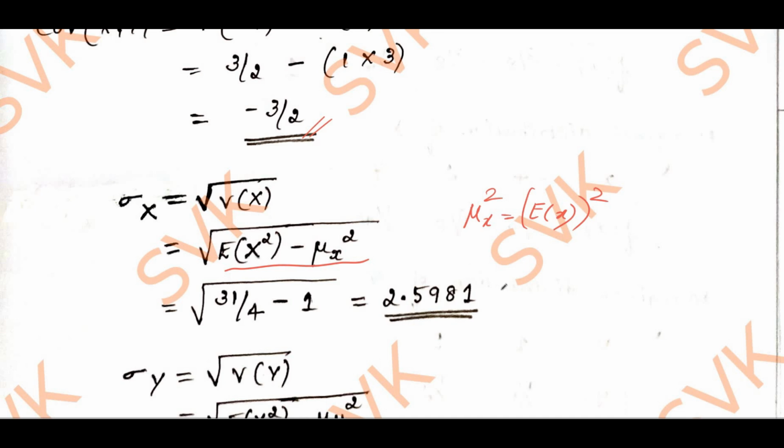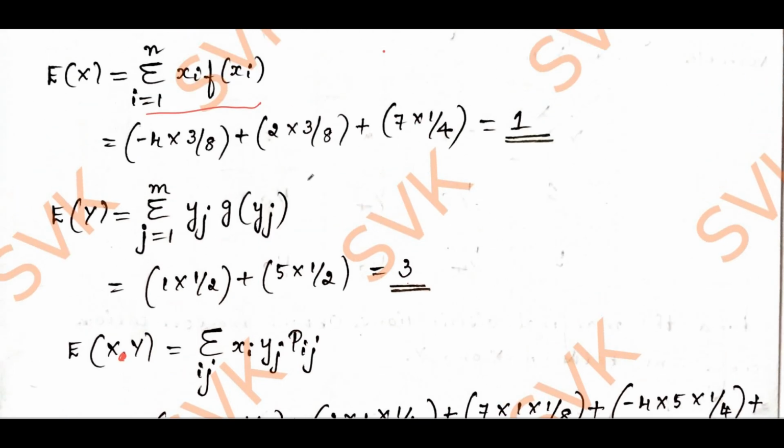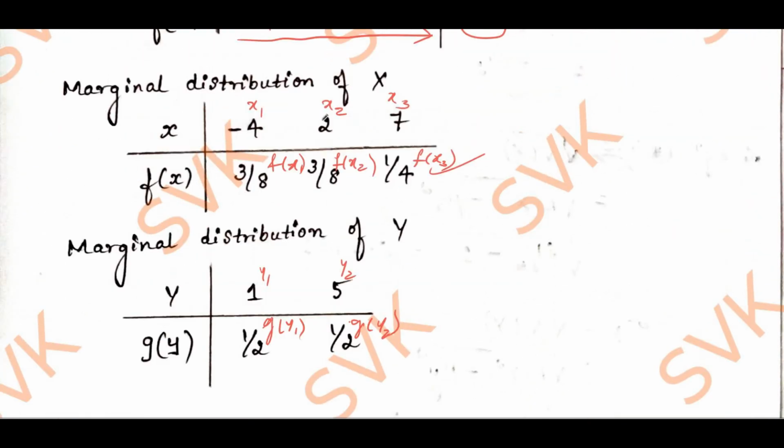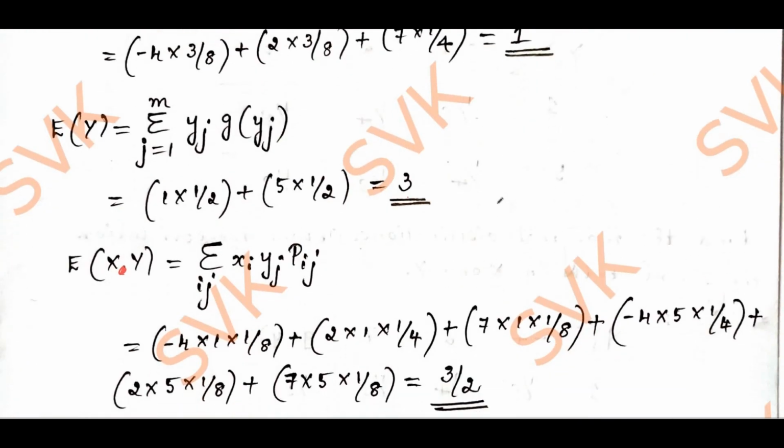And expectation of x square is what? How to find expectation of x square? Summation of xi square into p of xi. So just square that value: minus 4 the whole square into 1 by 8, like that, plus 2 square into 3 by 8, plus 7 square into 1 by 4.